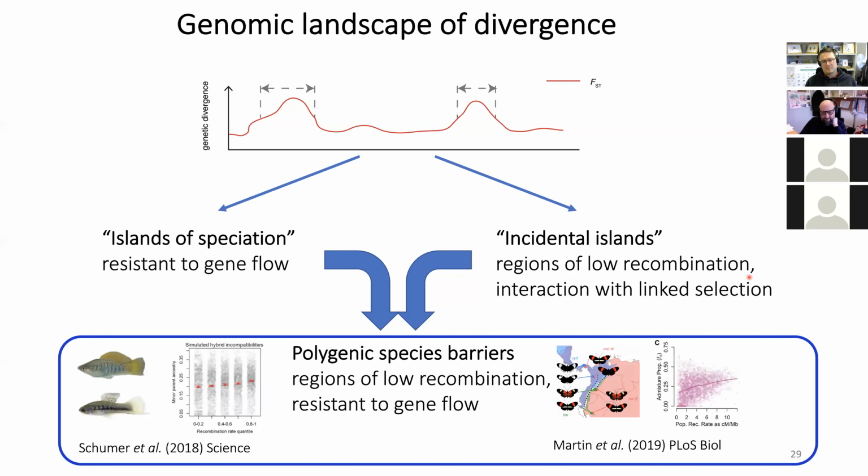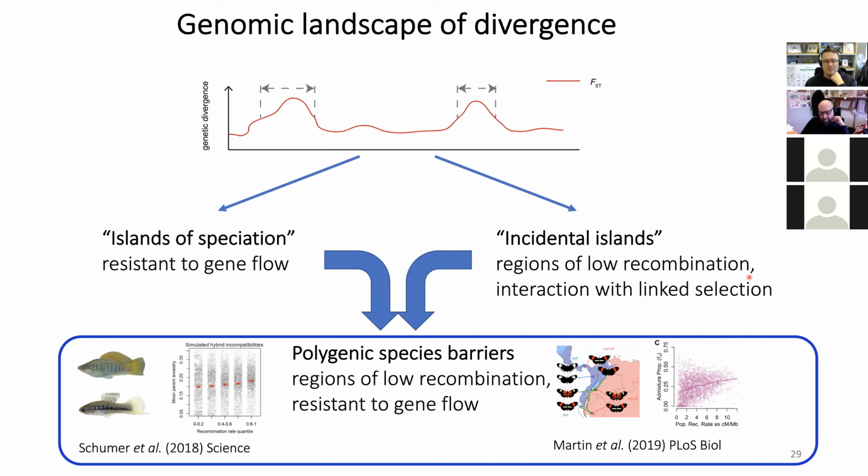And there are some other interesting studies that have come out fairly recently that match this idea, in the sense that the levels of gene flow inferred between populations of hybridizing species seem to correlate with recombination rate.